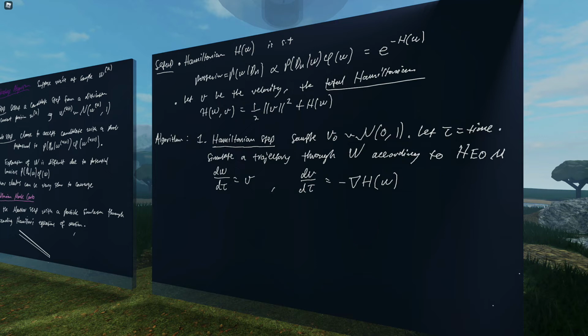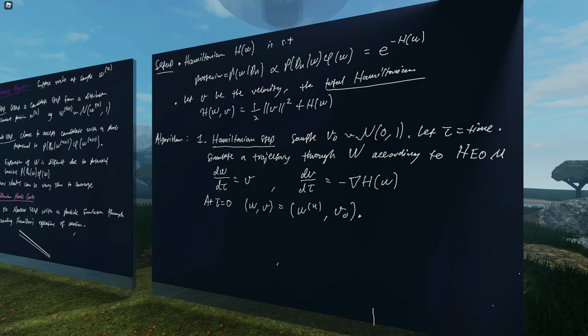So the key point here, or I guess the Markovian aspect of this, is that at the initial time, at tau equals 0, the starting position of this trajectory is at our previously accepted sample, WK, and at the randomly drawn velocity, V0.